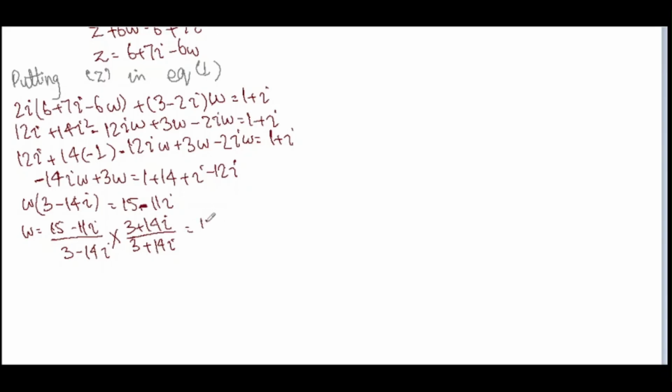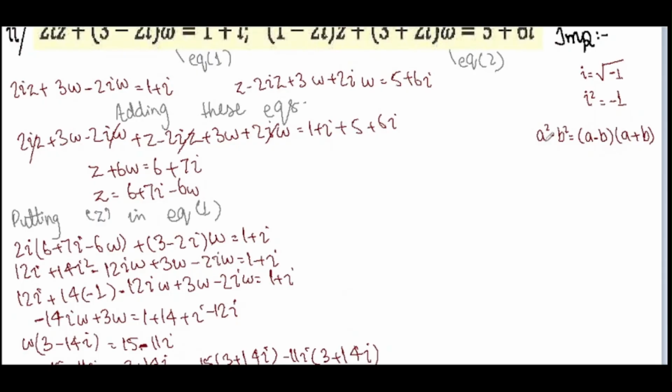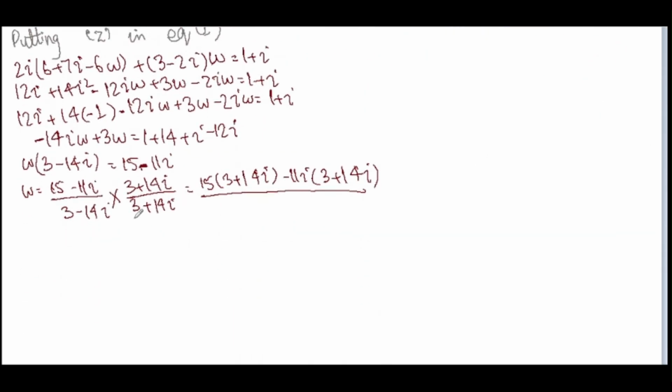Now it is equal to 15 into (3 plus 14 iota) minus 11 iota into (3 plus 14 iota) whole divided by, now these denominators again multiply to form the formula of (a minus b)(a plus b), which is equal to a square minus b square, where a is 3 and b is 14 iota. So 3 square minus (14 iota) square equals, and the numerator is 15 into 3 is 45 plus 15 into 14 is 210.